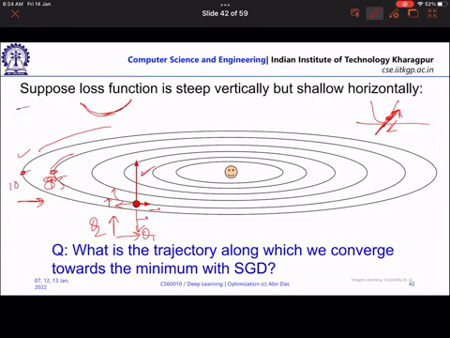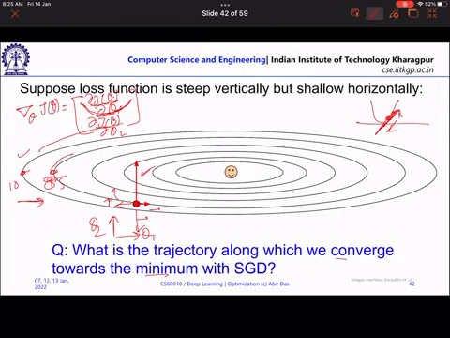And you know that the gradient of J theta has two components. One is del J theta del theta 1, another is del J theta del theta 2, right? So these are the two components. Now, what is the trajectory along which we converge towards the minimum with this SGD?